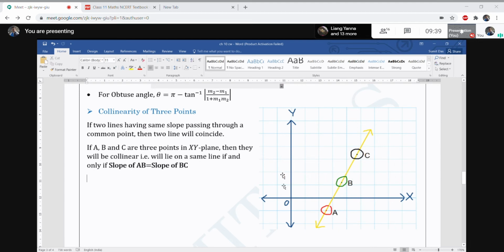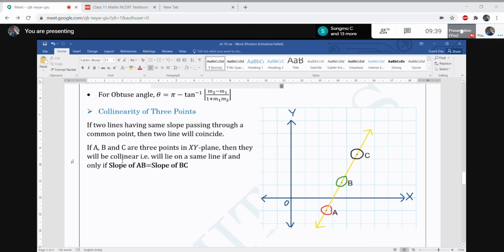If I draw a line here through B, it will be parallel to X. So the angle here and the angle here will be corresponding angles, which are equal. Then the two lines will coincide. If these two lines have the same slope and pass through the common point B, they will coincide. Coincide means one line lies upon another line.